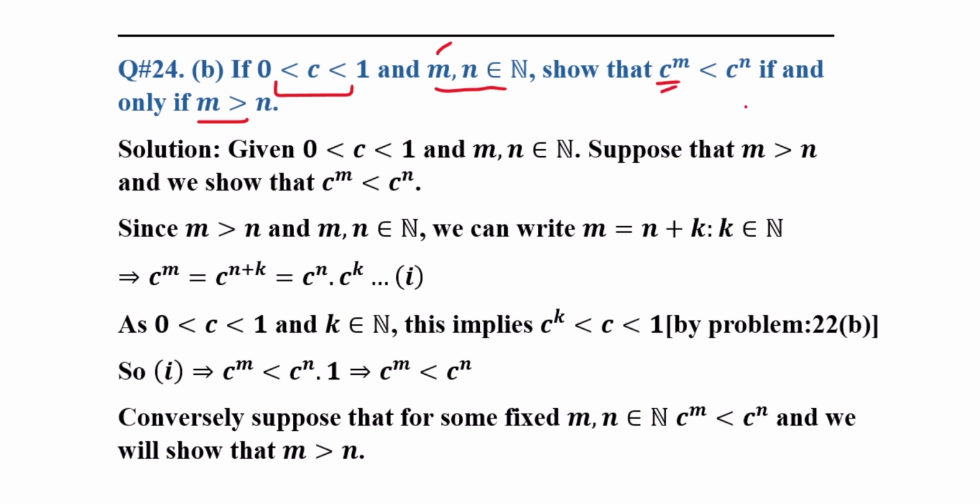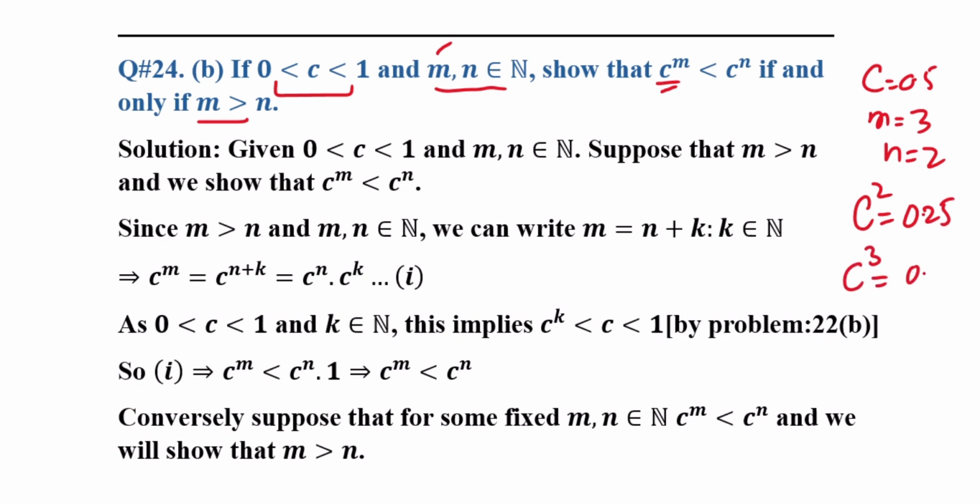For example, suppose your c is 0.5, your m is 3 and n is 2. Now if you take c square, this becomes 0.25, but if you take c cube, this becomes 0.125. Now you can notice that at a higher exponent, the result is smaller than at the lower exponent.